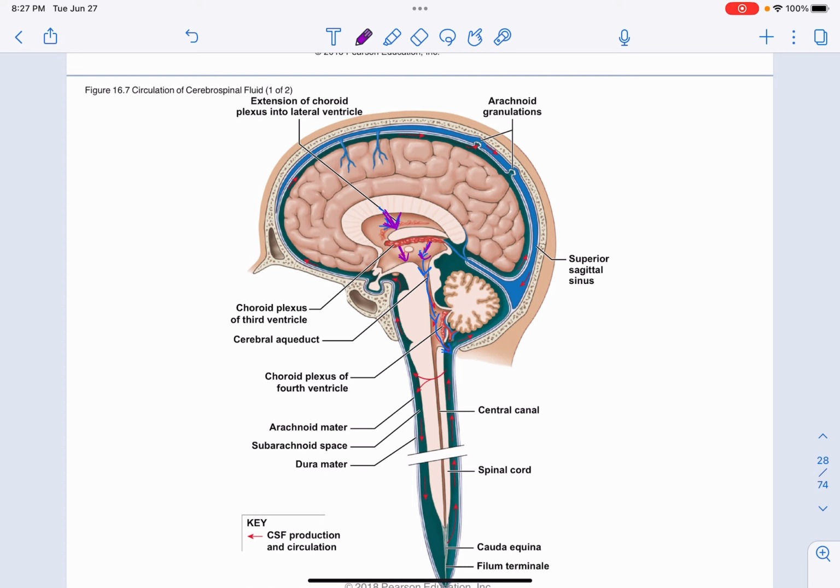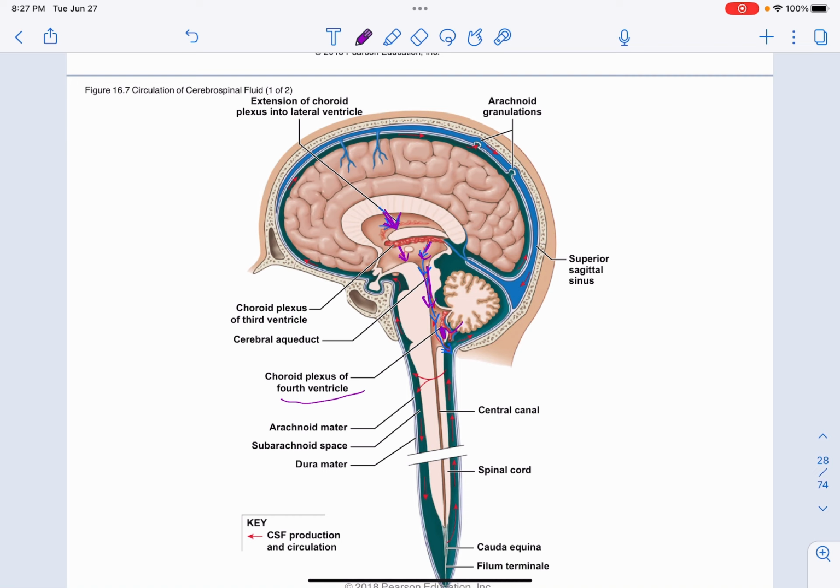The third ventricle is also going to add some cerebral spinal fluid, so it's going to increase the volume. This then travels down the cerebral aqueduct to the fourth ventricle, which is right here.